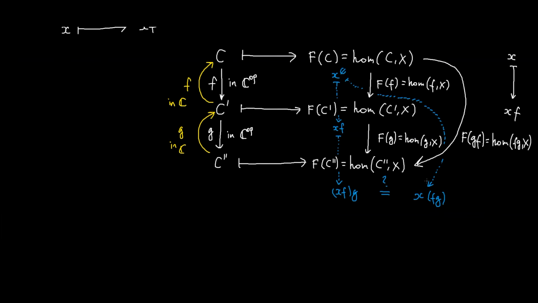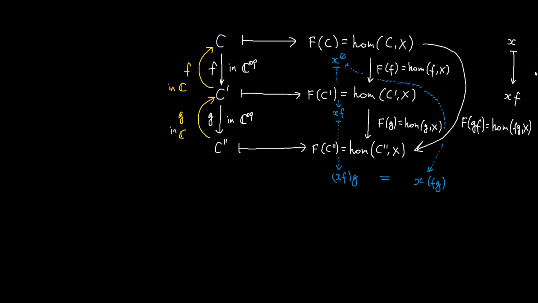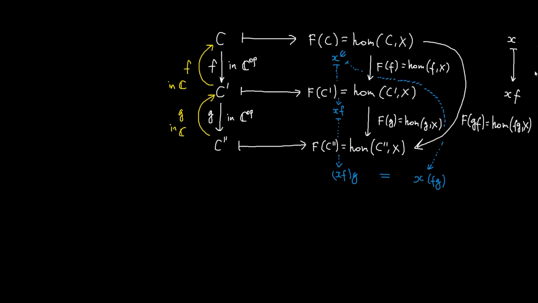Well, it's exactly associativity of composition of morphisms in a category. In a way, associativity of composition can be now derived as a consequence of us wanting this Hom thing to be a functor. Even the identity law can be derived this way. At least one-sided identity law.